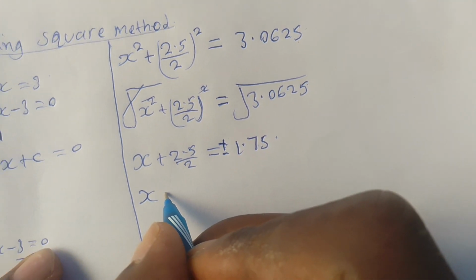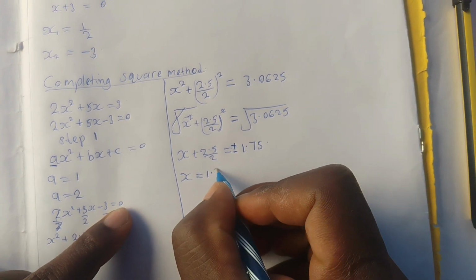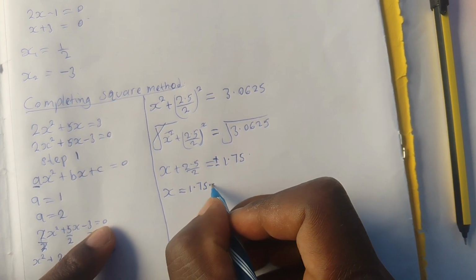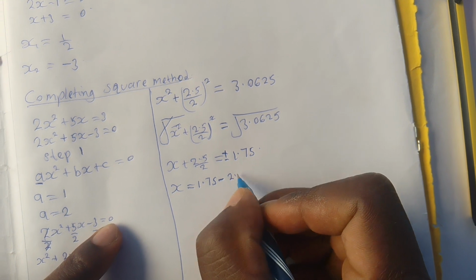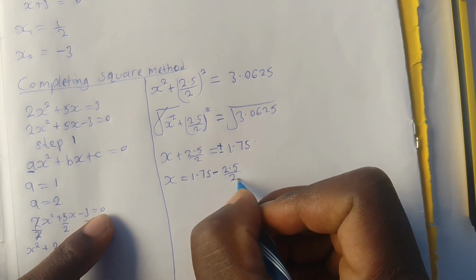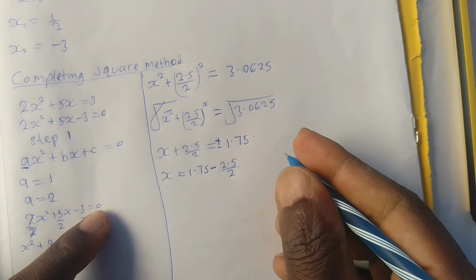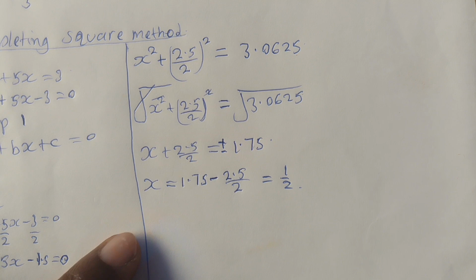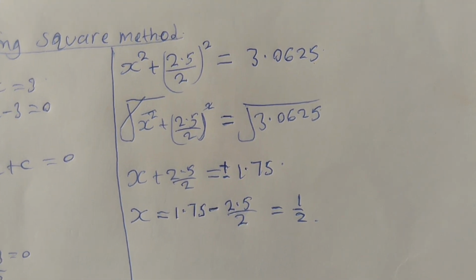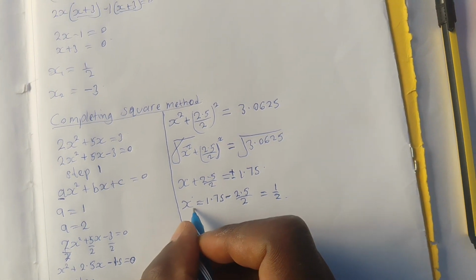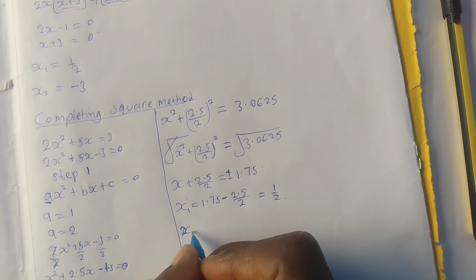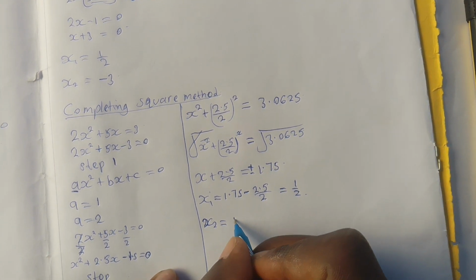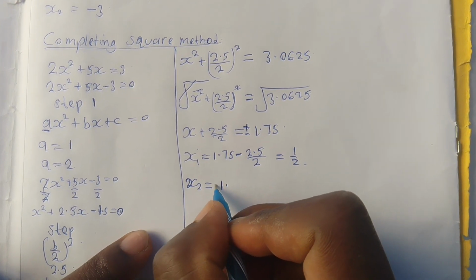Now x1 is equal to 1.75 minus 2.5 over 2, and that is equal to a half. If you do this, you will get a half. Second one, x2 is equal to negative 1.75 minus 2.5 over 2.